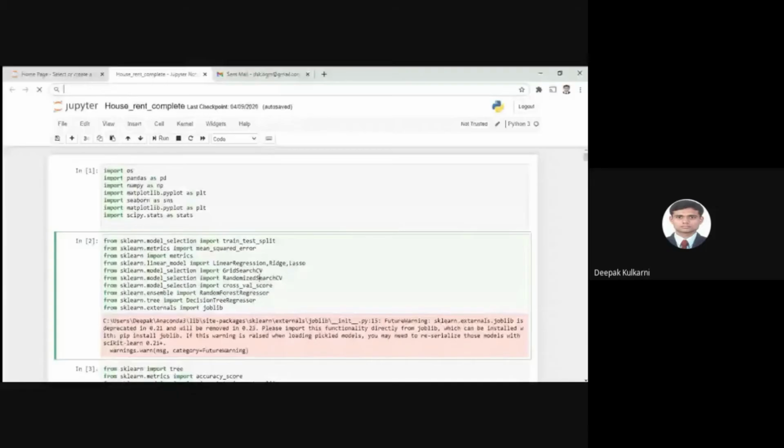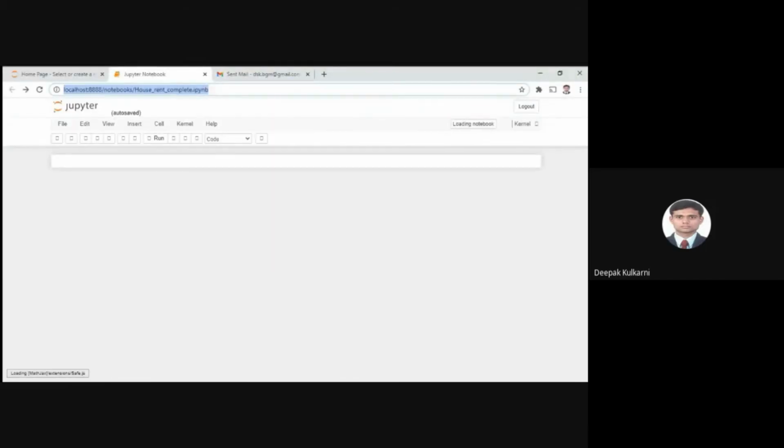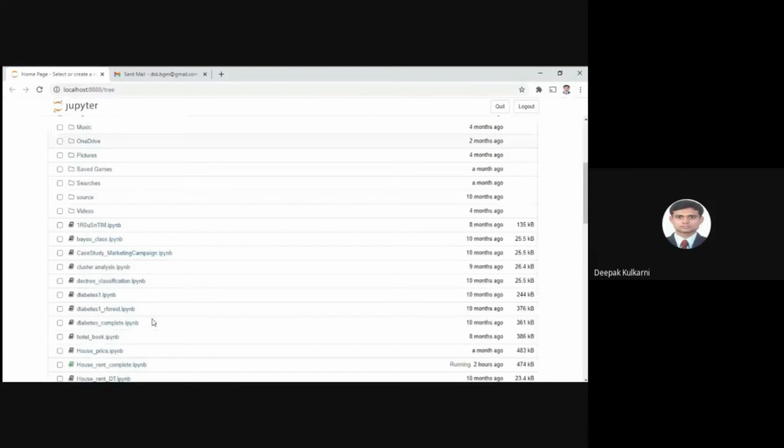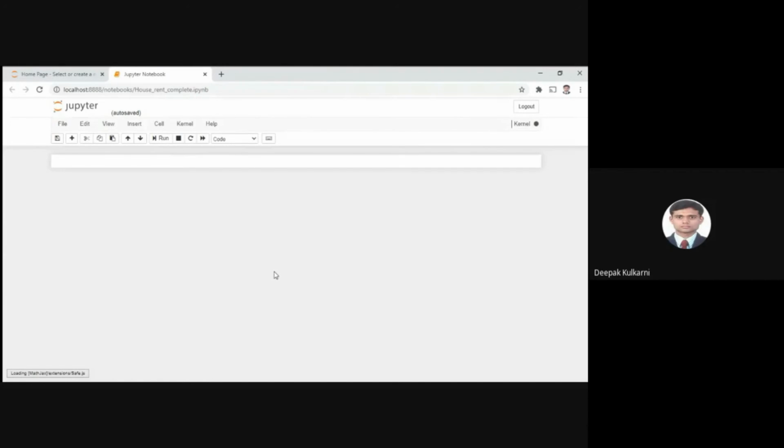Just look at the Jupyter notebook that I am using. This is the home page of the Jupyter notebook. There are many more platforms where you can write your code. I have used Jupyter Notebook, but you can even use Google Colab for that matter.